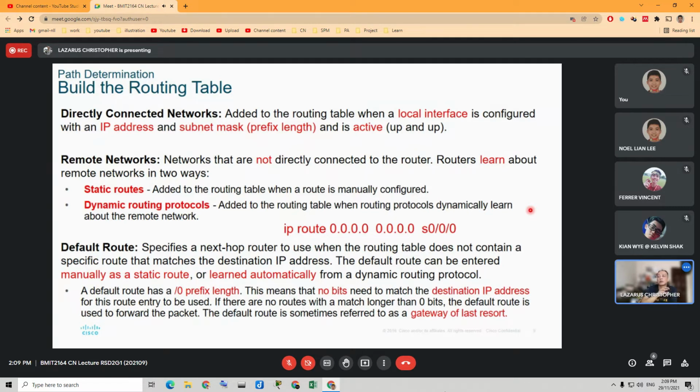Of course, the networks they learn about are not directly connected to them, which is why they need the information from other routers. But from the perspective of the other routers, those remote networks are actually directly connected.